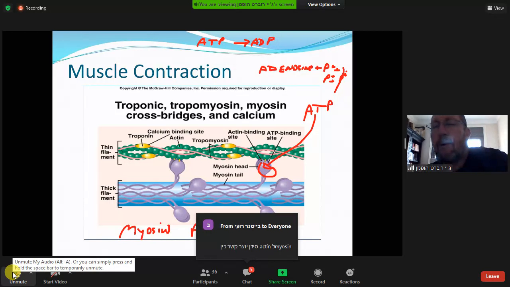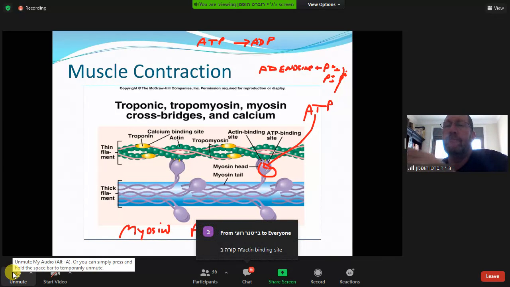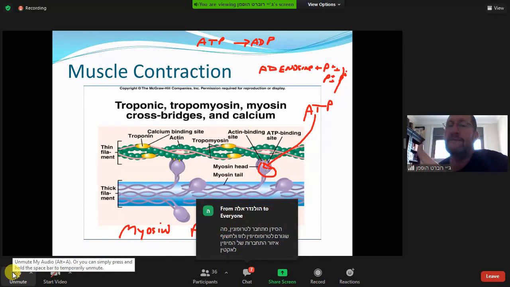You have the release of the myosin head from the actin molecule. Then the process continues until your desired effect is reached. You have the contraction. So there's constant exchange of ATP to ADP, and then it rephosphorylates in the muscle through the process of glycolysis or oxidative phosphorylation, depending upon the type of activity that you're doing.